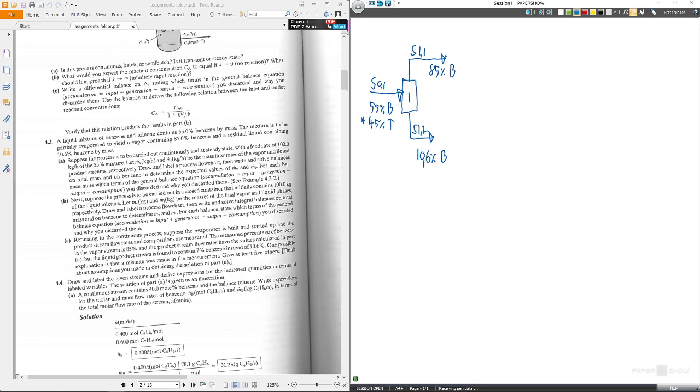Then we're told in the first assignment that we should assume a feed rate of 100 kilograms per hour. So S01 would have a total mass of 100 kilograms per hour. Is there anything else we're being told?